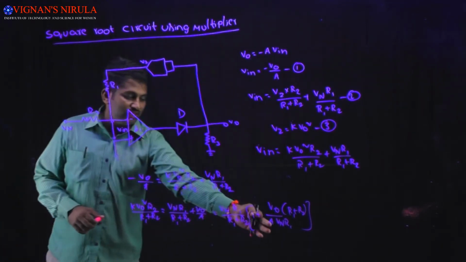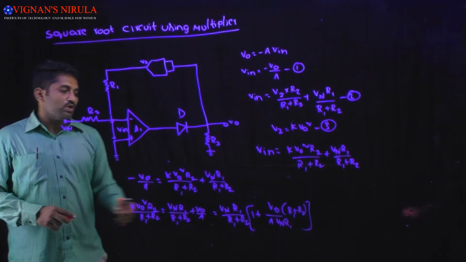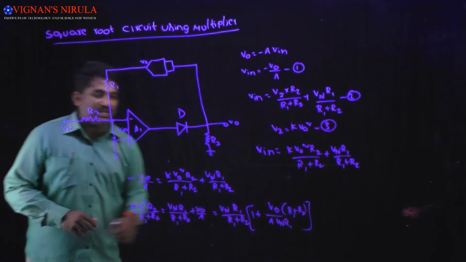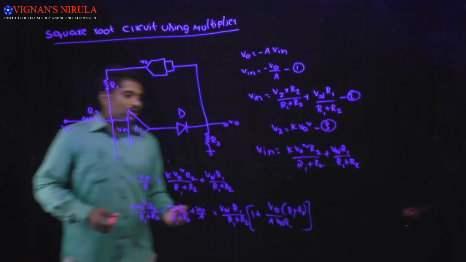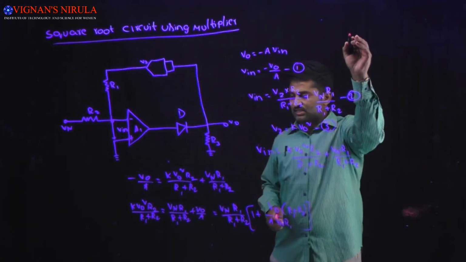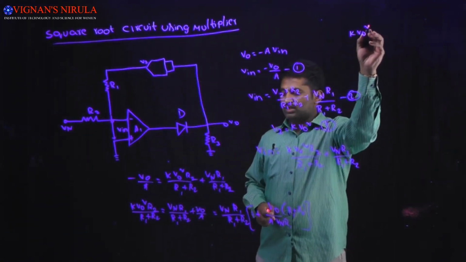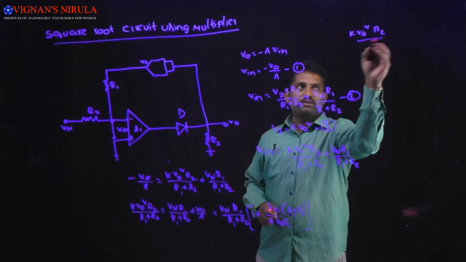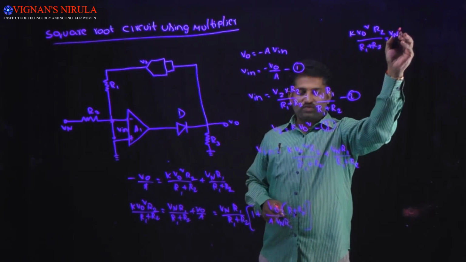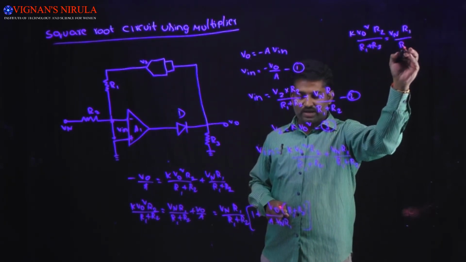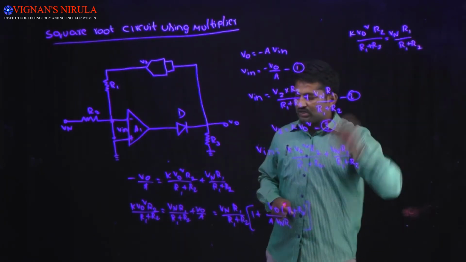Here it is in the denominator, so the total term will be very much less than 1, so we neglect that term. Finally we get K into V naught square R2 divided by R1 plus R2 equal to Vn into R1 divided by R1 plus R2.